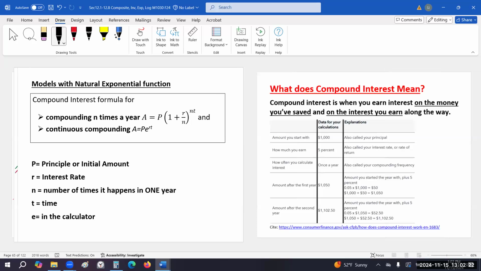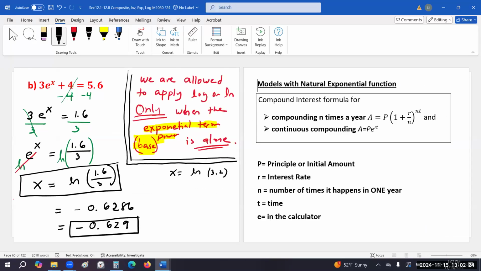I'll go over it later. But depending on your answer, you get a different formula to work with. Let's say you reply that you want continuous compound interest. It means this is the formula: A equals P E to the power RT.